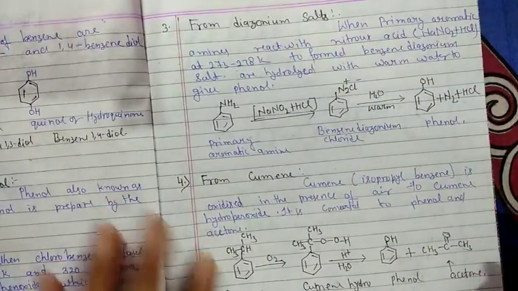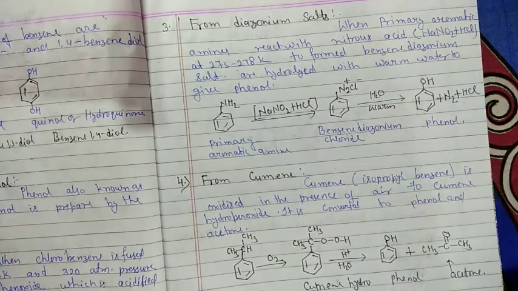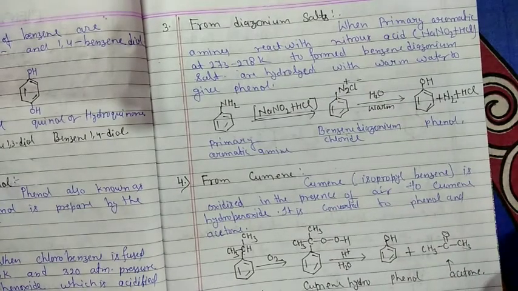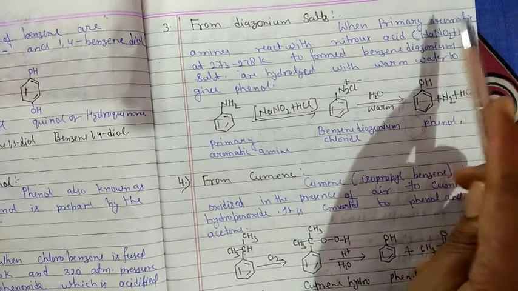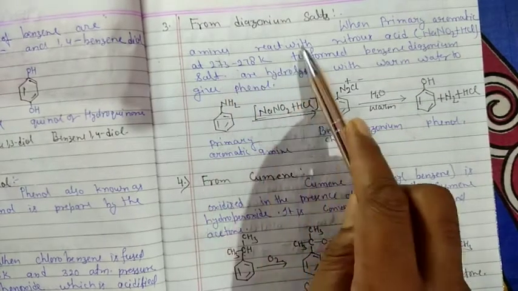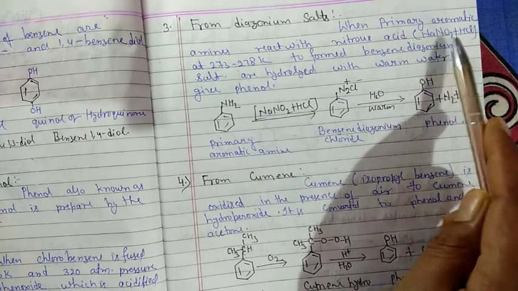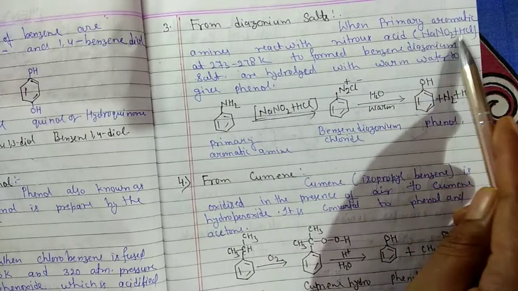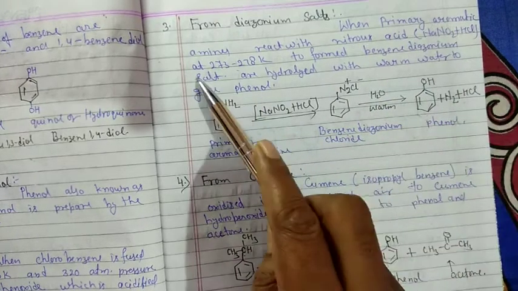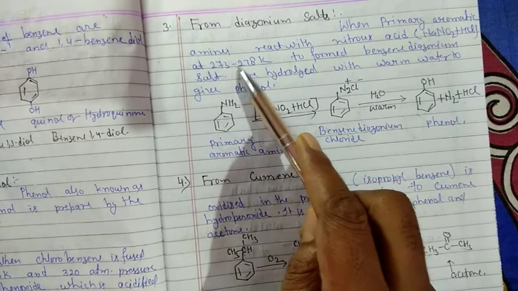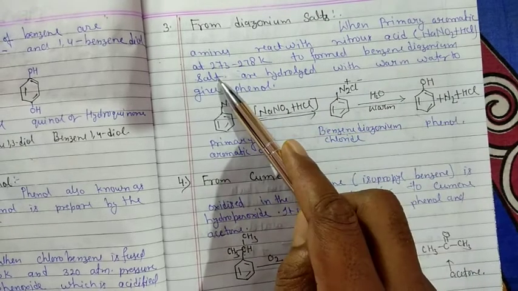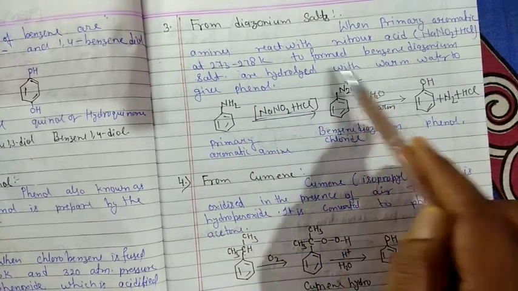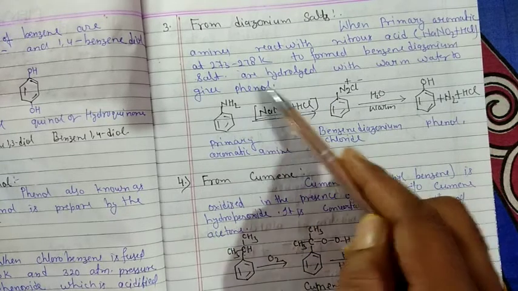And the third method is from diazonium salt. What is diazonium salt? How to prepare diazonium salt first? Dear students, when a primary aromatic amine reacts with nitrous acid, NaNO2 plus HCl, which forms nitrous acid, at 273 to 278 K, it forms benzene diazonium salt, which is further hydrolyzed with warm water to give phenol.